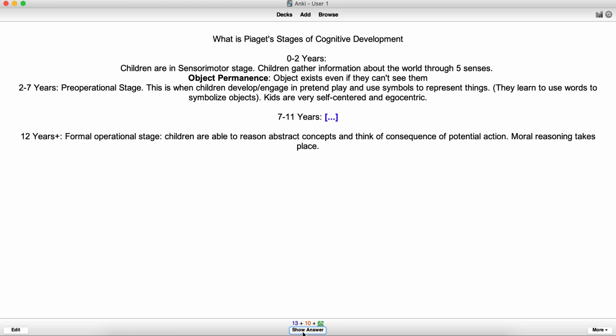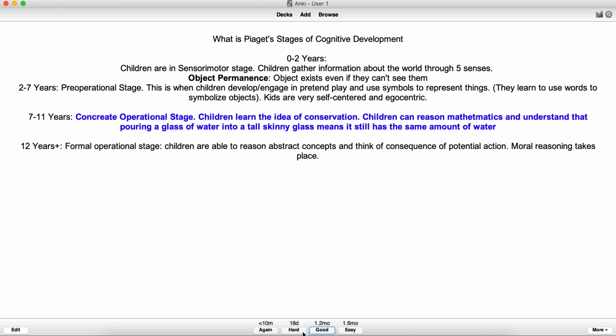So if you give them a glass of water and you pour it into another glass of water, they'll be able to tell you that they have the same amount of water. That was called concrete, not stable. Okay, reason mathematics and understand. Okay, conservation and reason mathematics. Concrete operational stage. Piaget's. Okay.